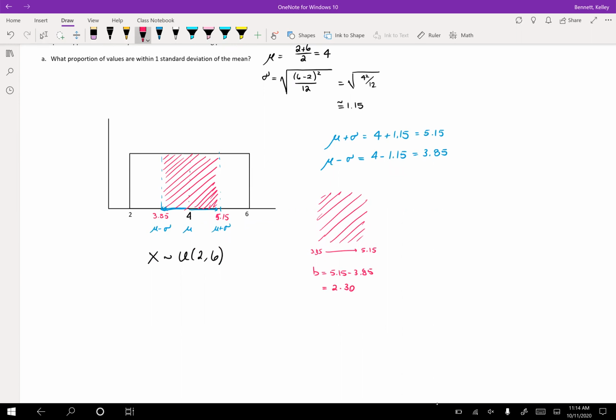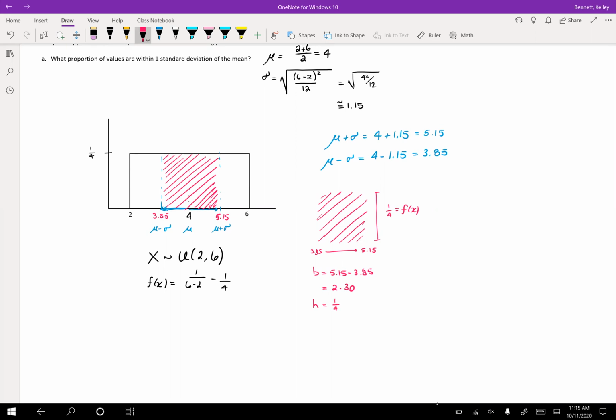And the height, we didn't really get to that, right? We don't have the height yet, but we do know that it's uniform on 2 to 6. So the height is 1/4, it's just whatever value of f of x.